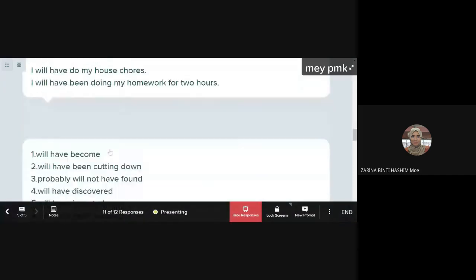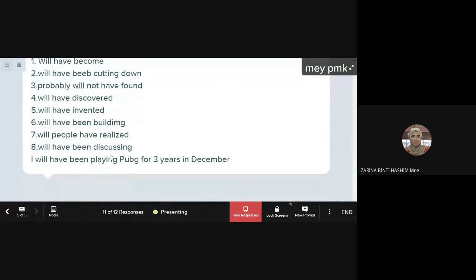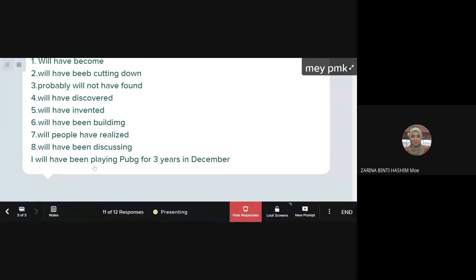What I'm trying to say is that we learn this because we want to apply it in our writing. It can also be in your report, your email, or your letter, in your essays. That is why we need to learn how to use this grammar item appropriately.